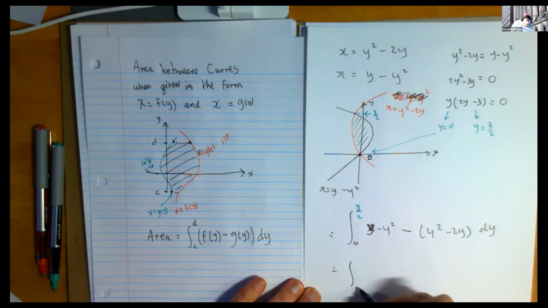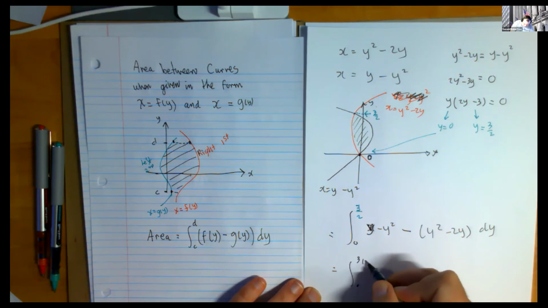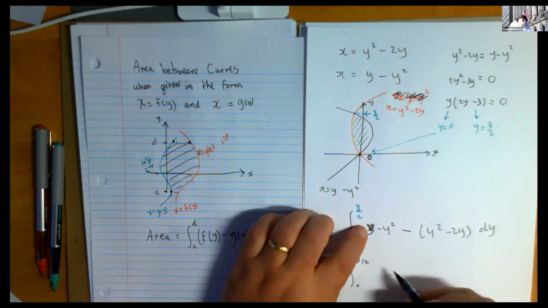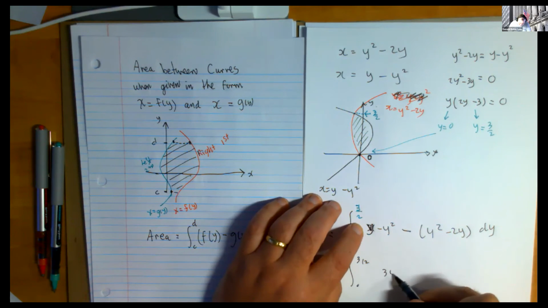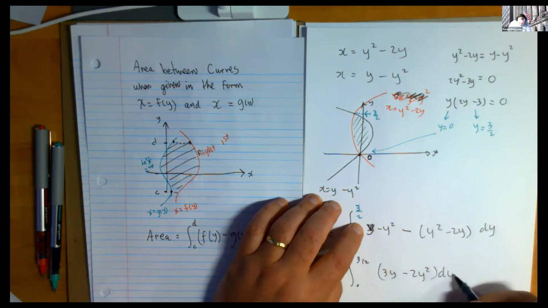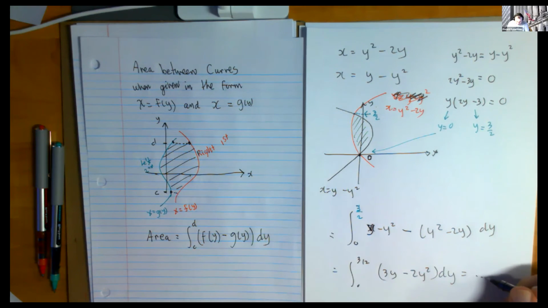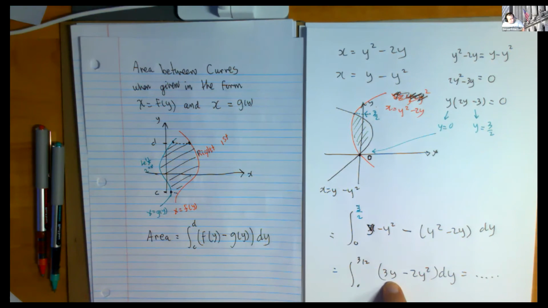So this will become the integral from 0 to 3/2. y take away negative 2y is y add 2y, so you get 3y minus 2y squared dy. And can I do my dot thing now? Wouldn't that just be a power rule?